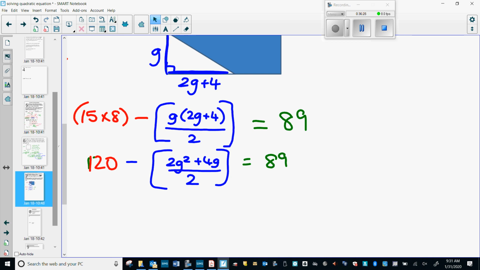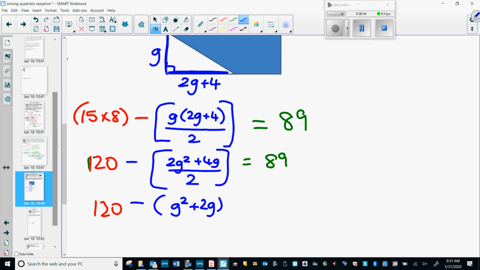So 2G squared divided by 2 is G squared, and 4G divided by 2 is 2G. So we can do that. So we've got 120 take away brackets G squared plus 2G. Okay, so we've got rid of our divide by 2, which has been much, much easier.